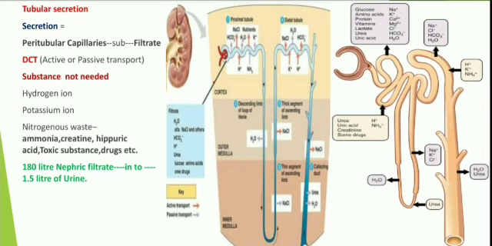And the third step of urine formation is tubular secretion. What does it mean? When a substance moves from the peritubular capillaries to the filtrate, that is known as secretion. For example, take this one.